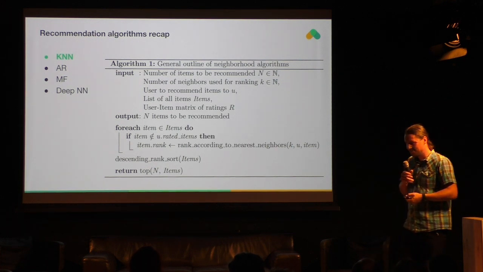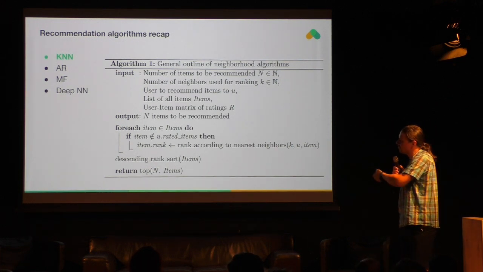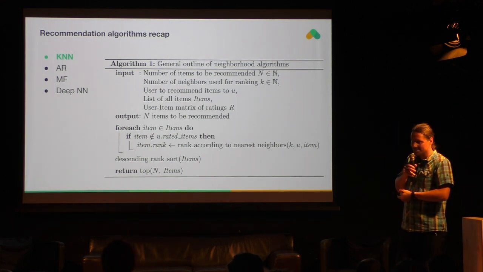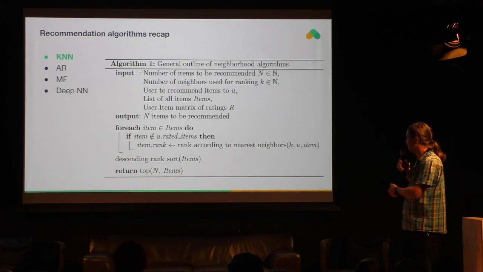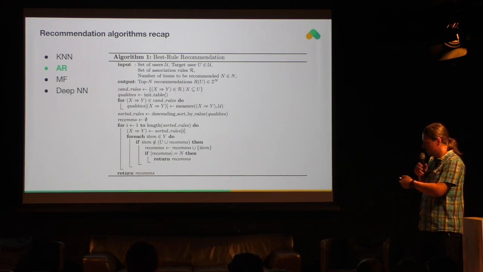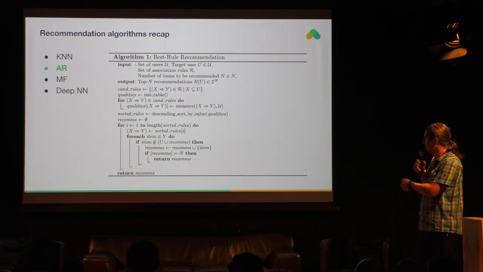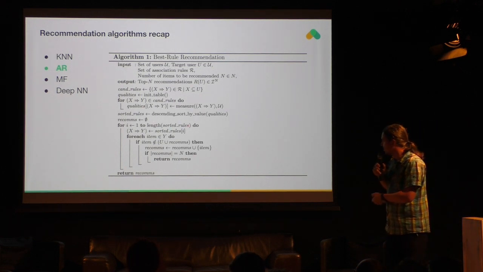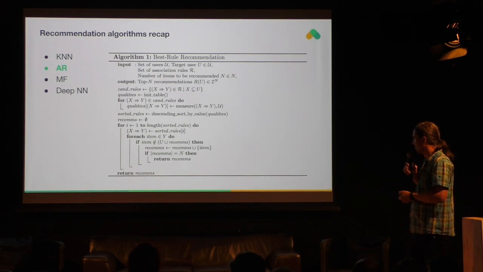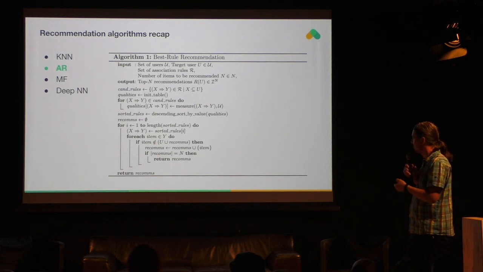So you have to use pre-computed variants of K-nearest neighbor to be able to scale it to big datasets. Then association rules: again, this algorithm can be modified to work with long tail items and prefer them over bestsellers.